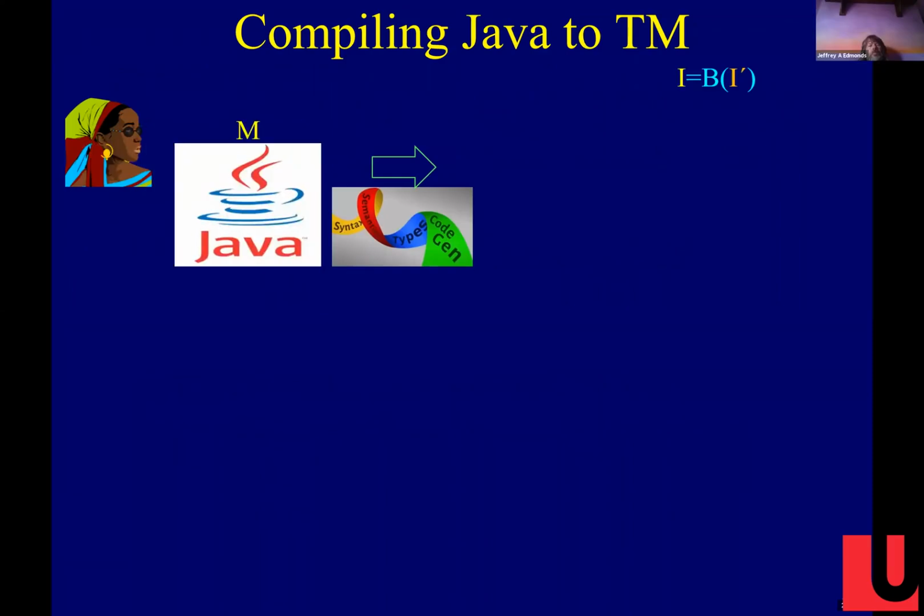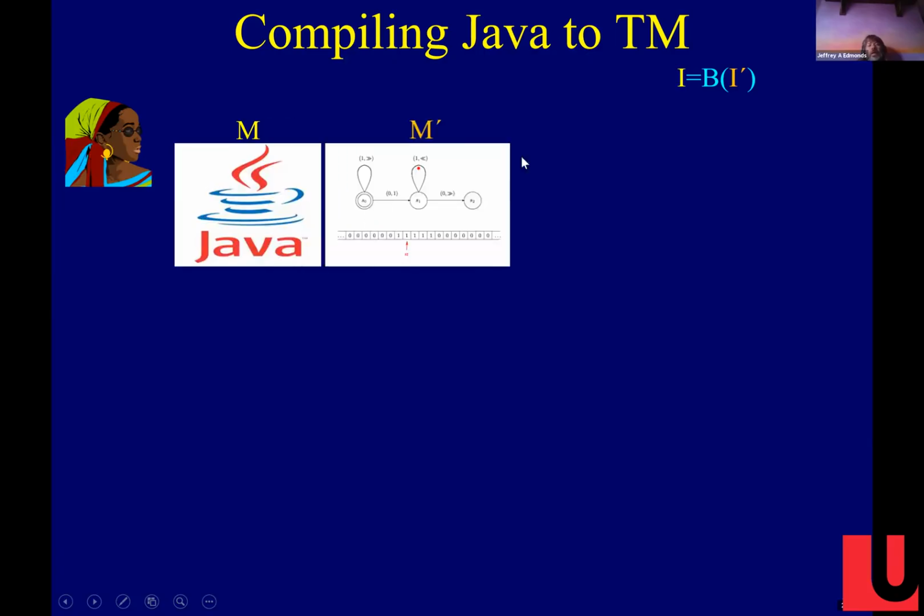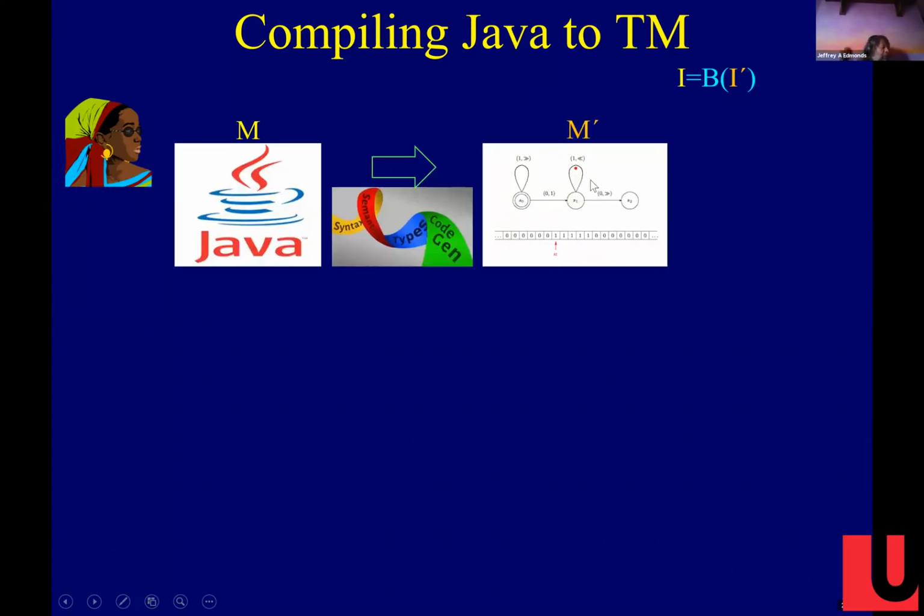Now M is a Turing machine. No, sorry, M is a Java program. There's a compiler where you put in a Java program, and out comes a Turing machine.